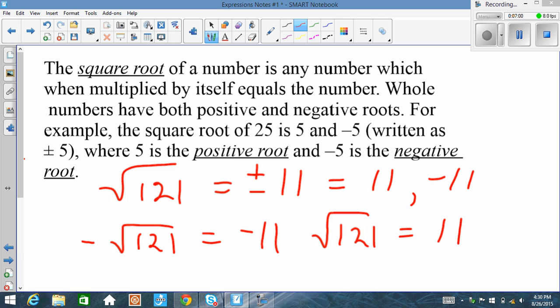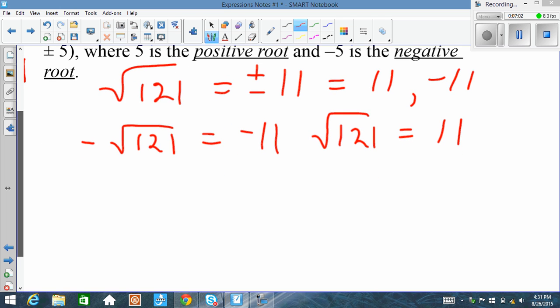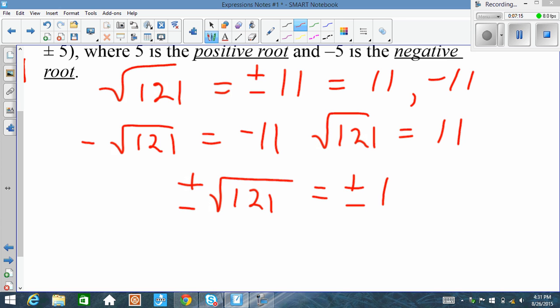But a lot of times if I want both things to happen, you might write plus minus in front of the radical 121. Therefore your answer is saying, please give me the positive and the negative answer of 11. Or again, we would write that as 11 comma negative 11. Okay.